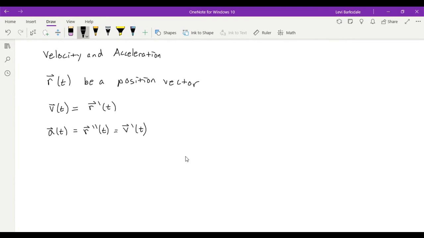And lastly, we could denote speed to be the magnitude of our velocity vector. And one thing to notice is speed is not a vector, it is a scalar, meaning it's just a single number. In this case, it might turn out to be a function of t as well. And we'll go ahead and do a couple of examples just to really illustrate these.